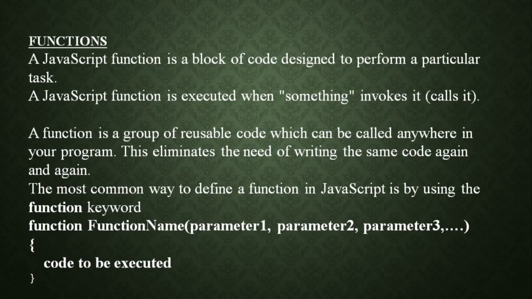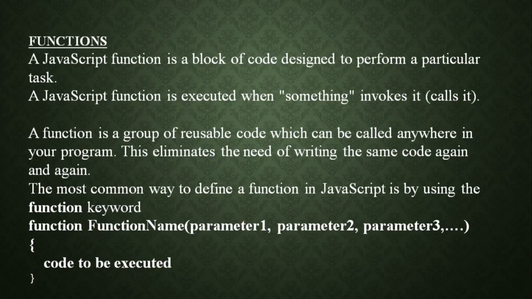A function is a group of reusable code. It helps the programmer in writing modular code. Functions allow a programmer to divide a big program into small and manageable functions. Before we use a function, we need to define it.